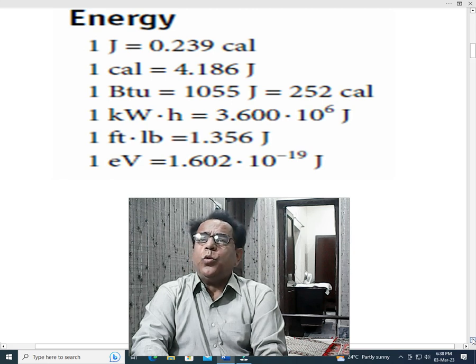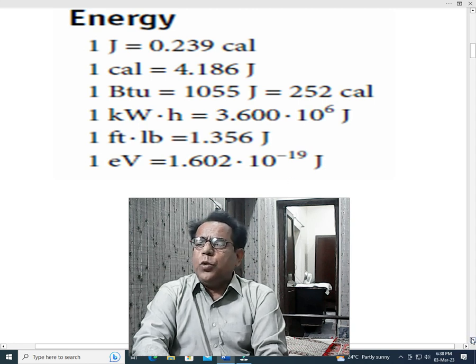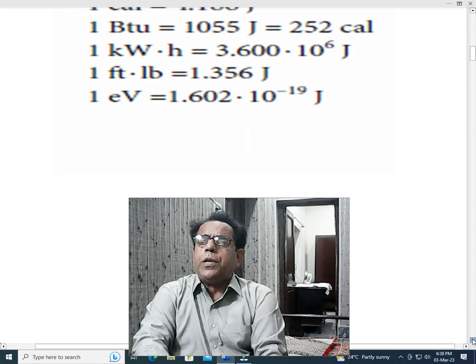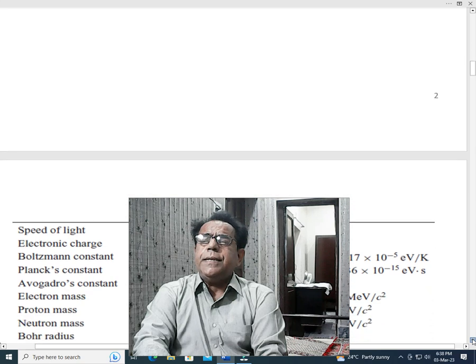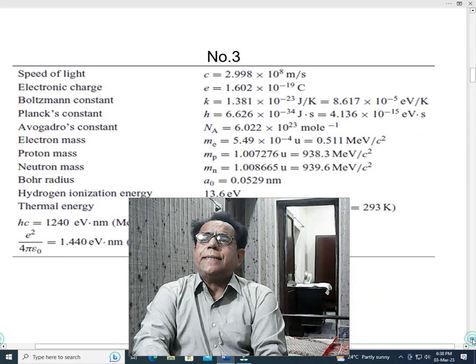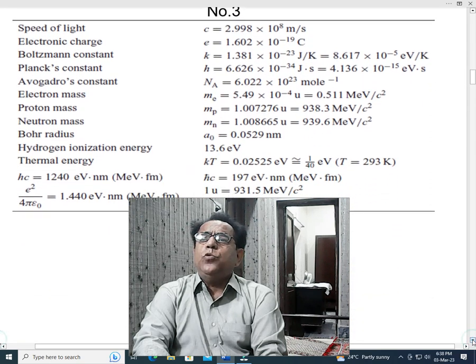So I think this tool has also been discussed in detail, because only last value is going to be used in our problem. Now we move to our next helping tool. Dear students, this is the next helping tool in which a few values will be used.